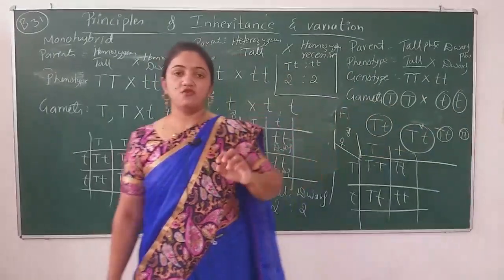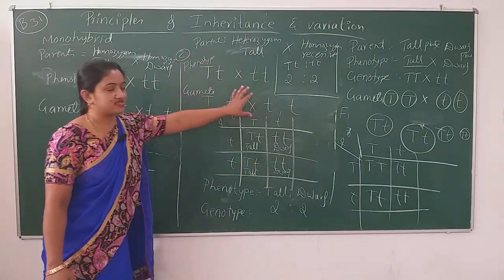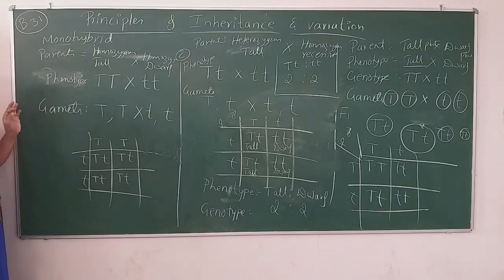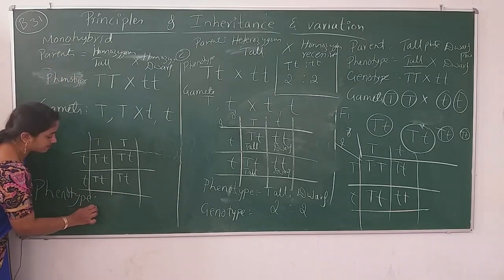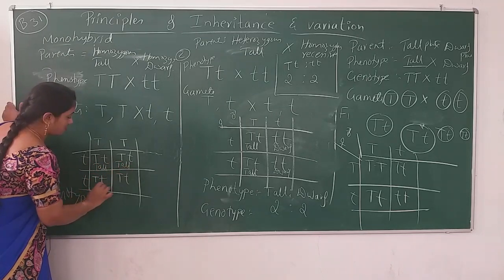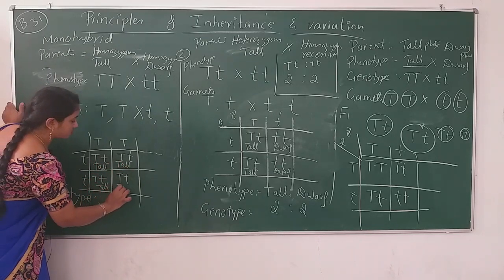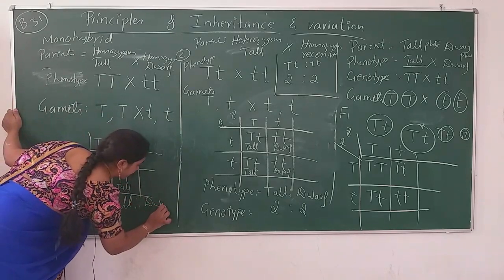So this is how we have to consider the parents, either homozygous or heterozygous. Now I am writing the phenotypic ratio of possibility number 1. Phenotype: tall, tall, tall, tall. Tall is to dwarf.